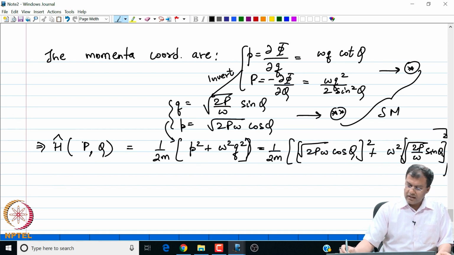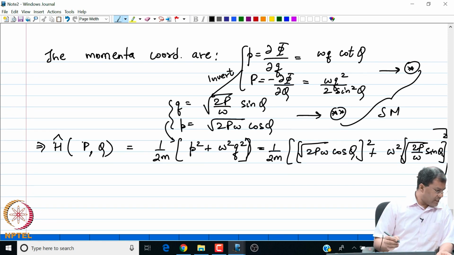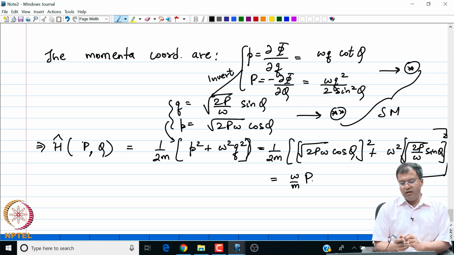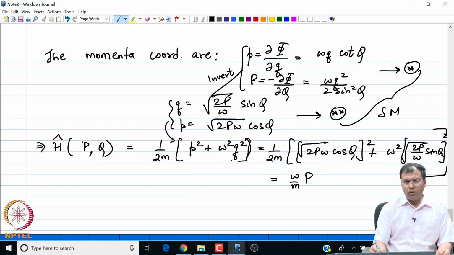Once we simplify this expression, I see that this is equal to omega by m times capital P. Notice now the Hamiltonian in this new frame capital P, capital Q is relatively simple compared to the Hamiltonian in the original frame small p, small q.